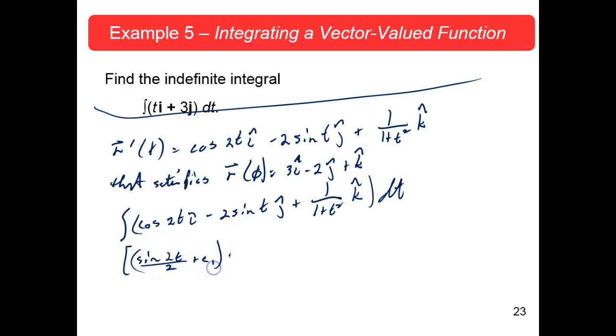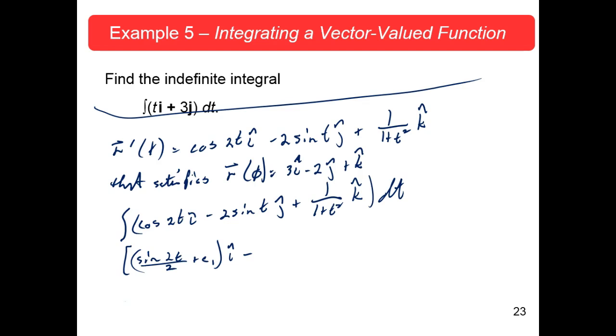So that would be your i component, okay, minus, or maybe not, so now it would actually be a plus.